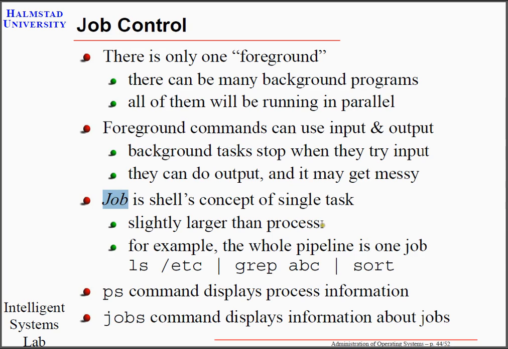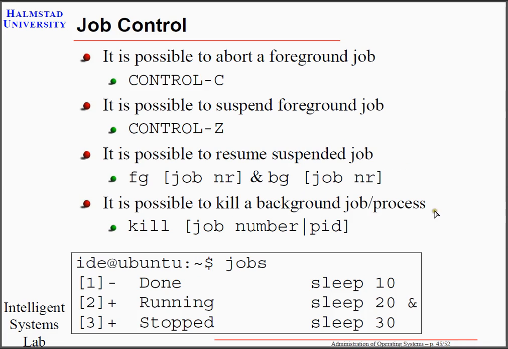It's something that makes sense from the user's perspective. If you write a pipeline like this, it will be a single job, but there are 3 different processes running here, all in parallel. ps is the command you can use to display process information, and jobs is the command to display job information.